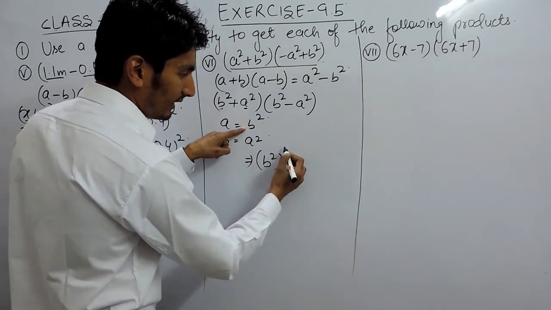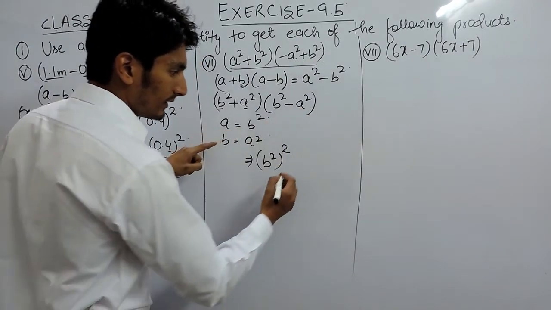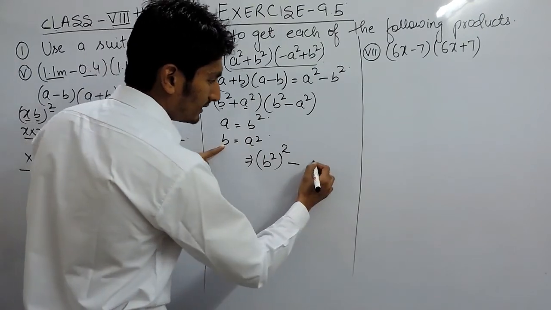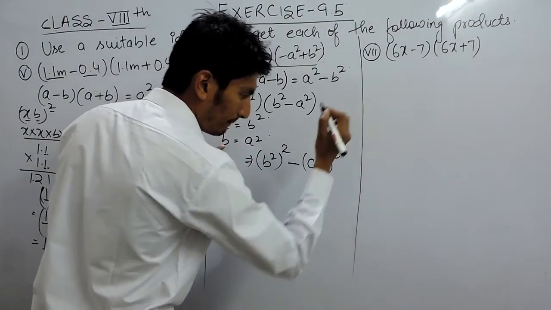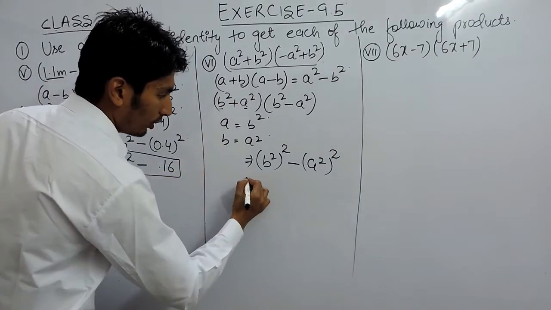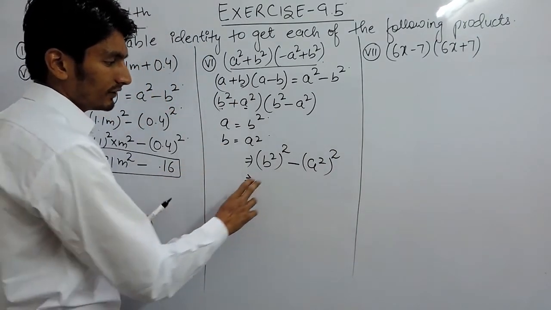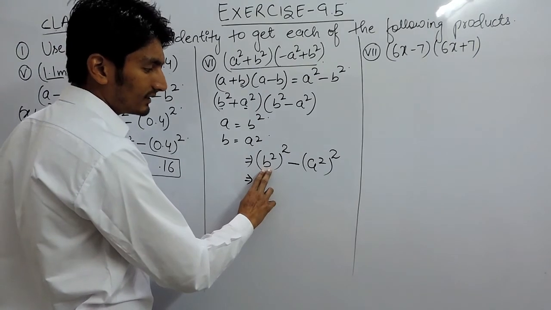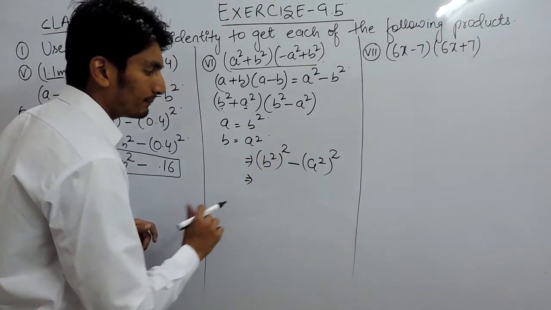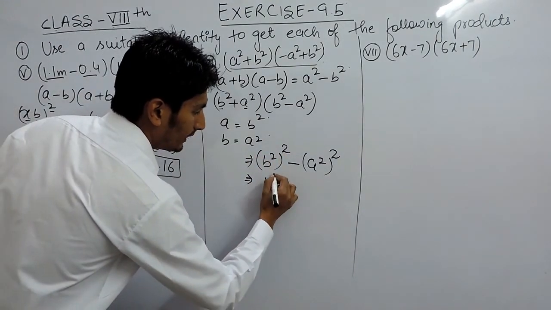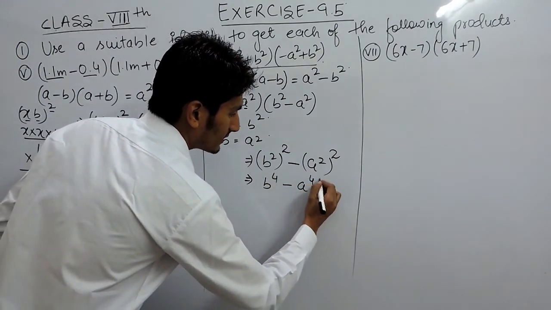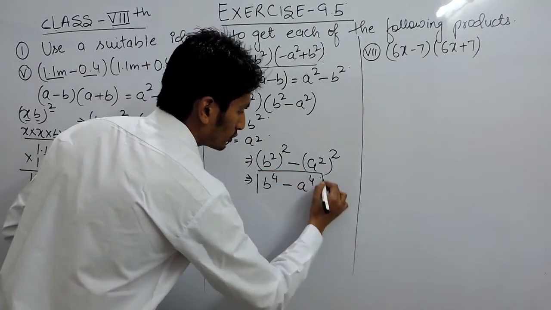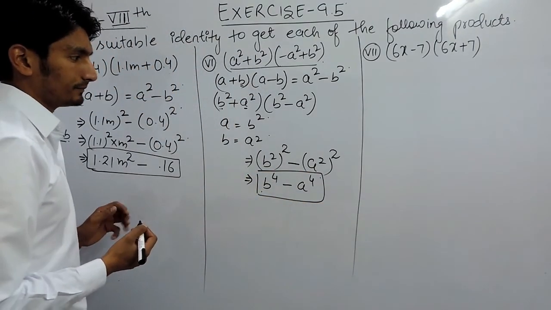So this is our a, so this would be a square minus our b, and this would be b square. Now we can solve this. Whenever the terms are like this, the power gets multiplied. So this would be b raised to power 4. Similarly here the answer would be a raised to power 4. So this would be the answer here.